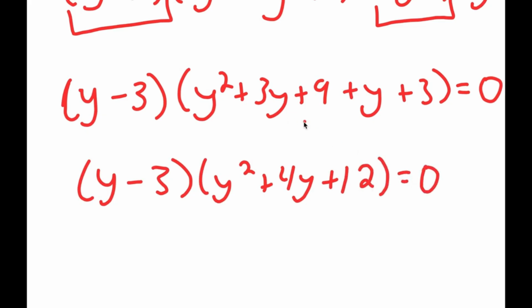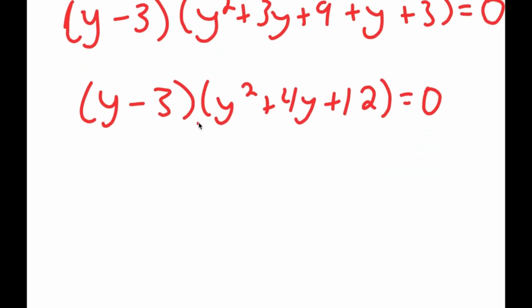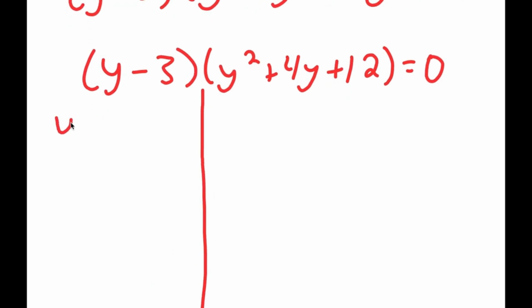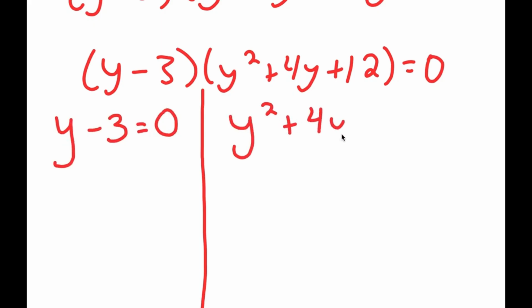All I did was add up all the like terms. Now, this gives me two equations. I get y minus 3 is equal to 0. And I also get y squared plus 4y plus 12 is equal to 0.